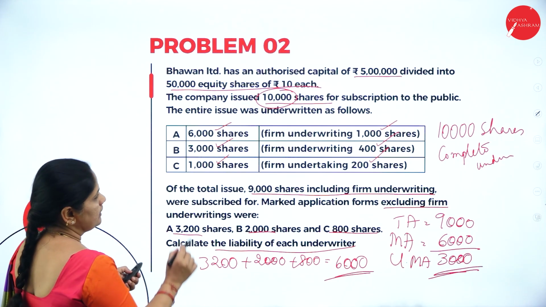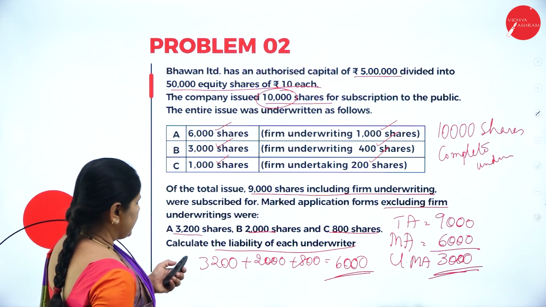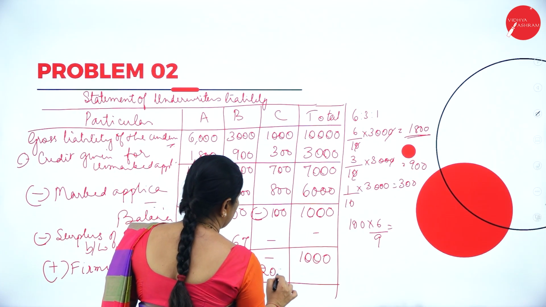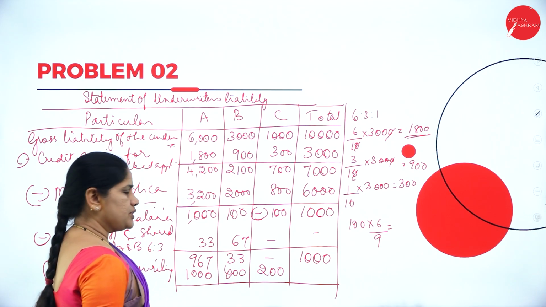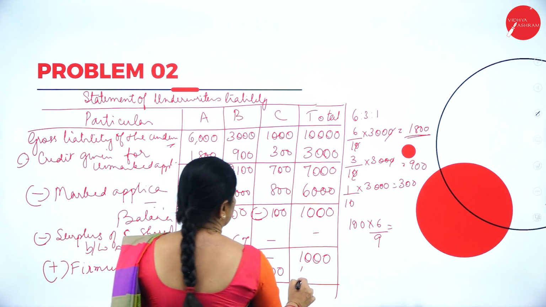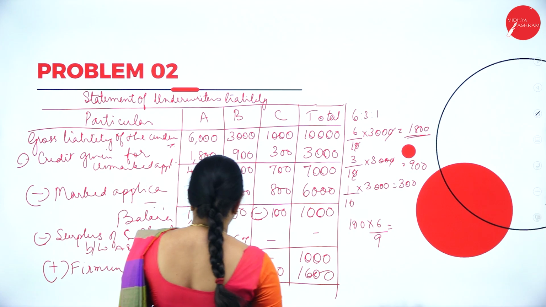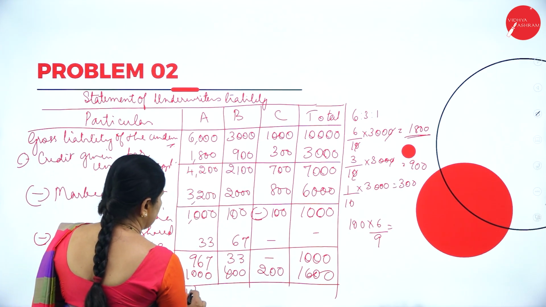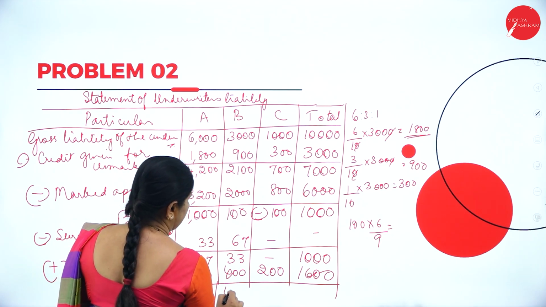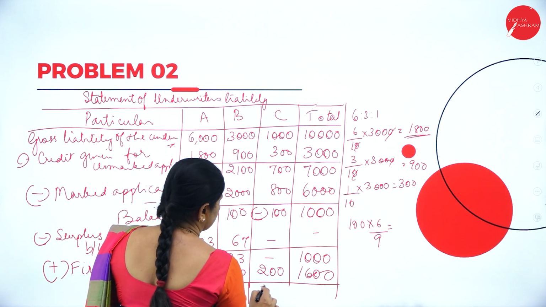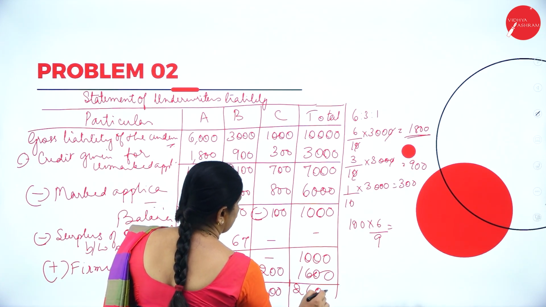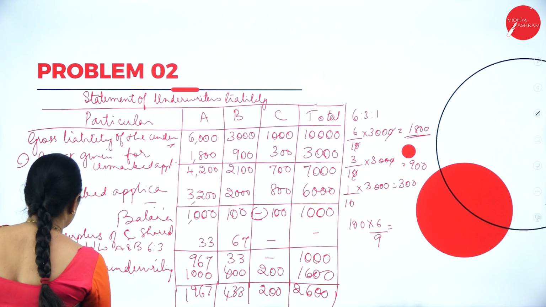Then again B is 400 and C is 200. So this comes up to 1,600. So when I add this, I get 1,967, 433, 200. So 2,600. So the net liability.